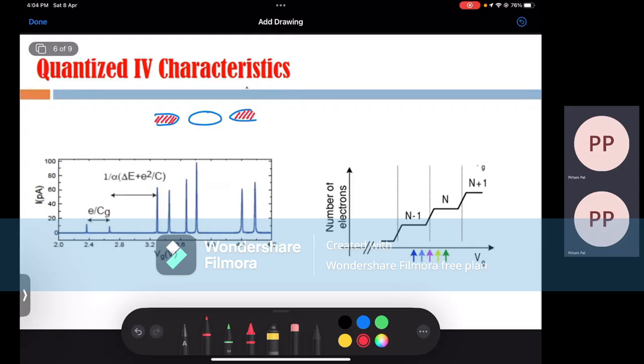And this is our quantum dot. Because of the Coulomb blockade, we want to add even a single electron here.